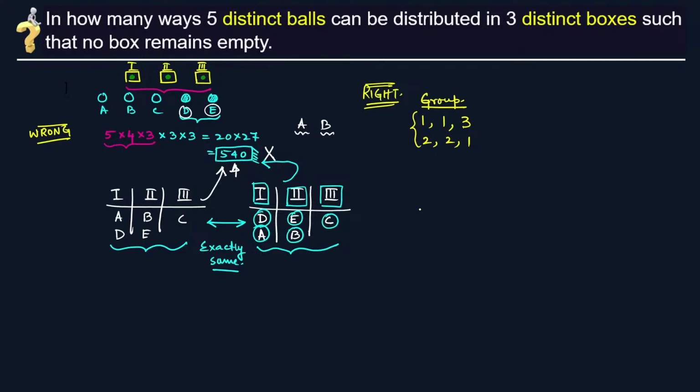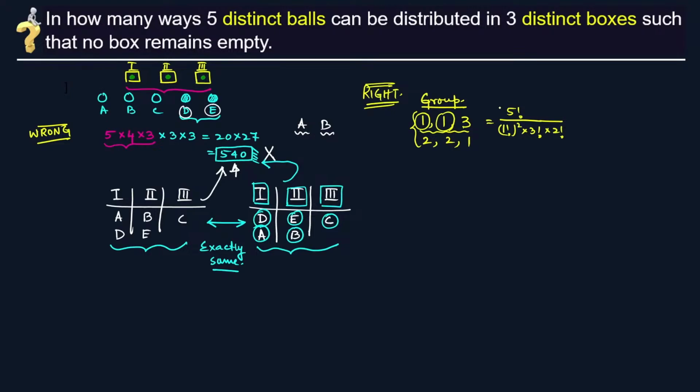Is it clear? So now the question is, in how many different ways can you form the group 1, 1, 3? It will be nothing but factorial 5 divided by factorial 1 whole square times factorial 3. Now we are having 2 groups of equal size, so it has to be divided by factorial 2. Is it clear?